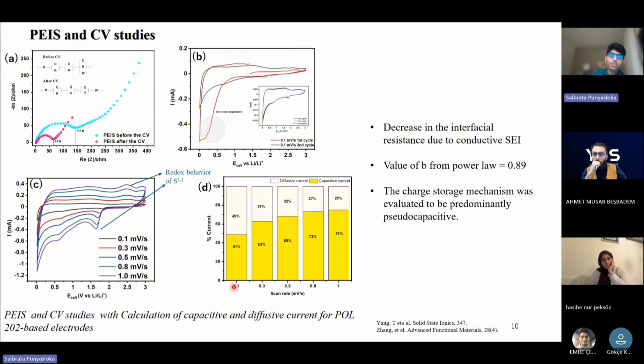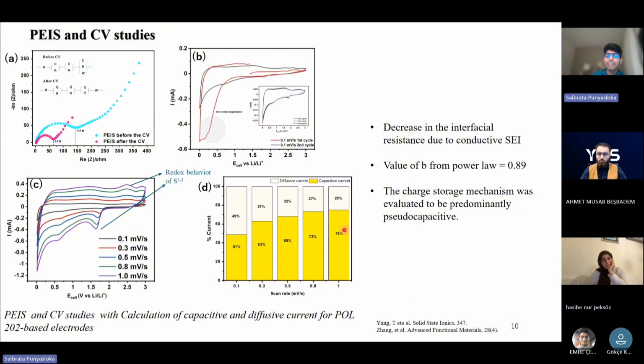Because this is a very slow scan rate, there is enough time for the ions to go inside the layers of the polymer and get stored. But as we increase the scan rate to 1, which is 10 times higher, there is not enough time for the ions to go inside the layers of the polymer.